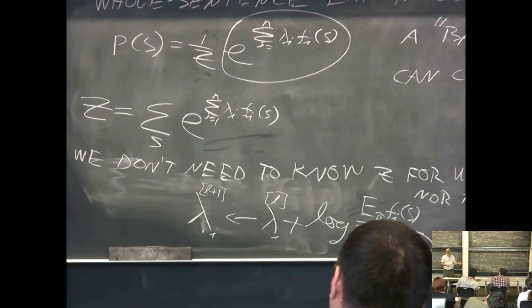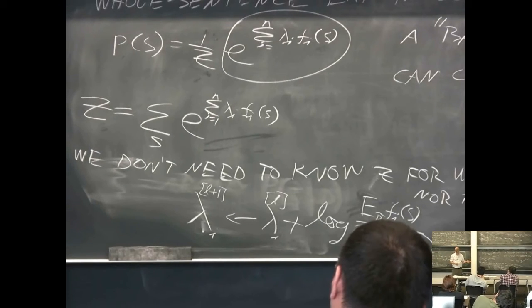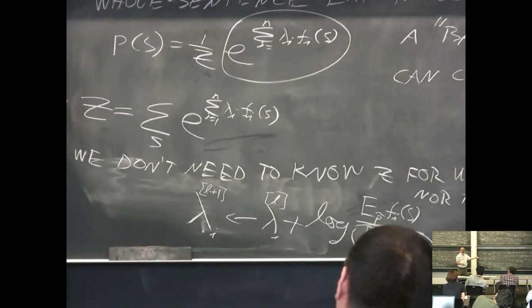But we don't need to normalize it. We can work with it because for all our needs, both for training the model and for using it, it's not needed. A real pseudo-likelihood is even harder. Sometimes it's not even normalizable. This is normalizable. It's just computationally hard to compute Z. But sometimes you have a score of some sort that behaves like a likelihood, but it's not normalizable. It's called a pseudo-likelihood.